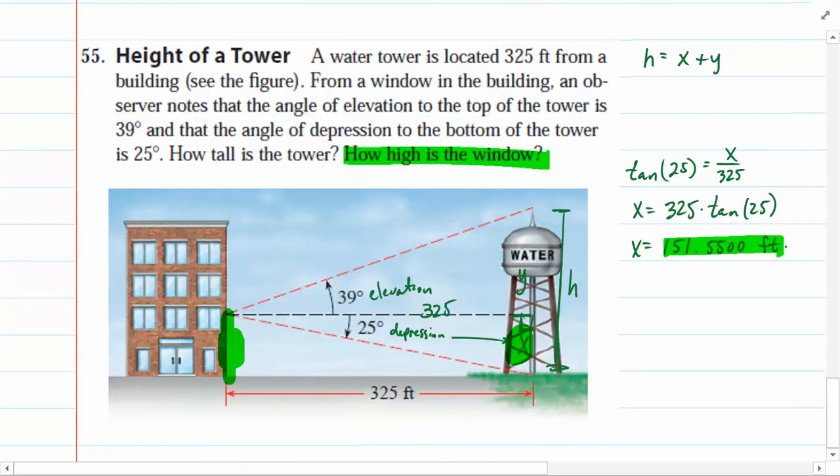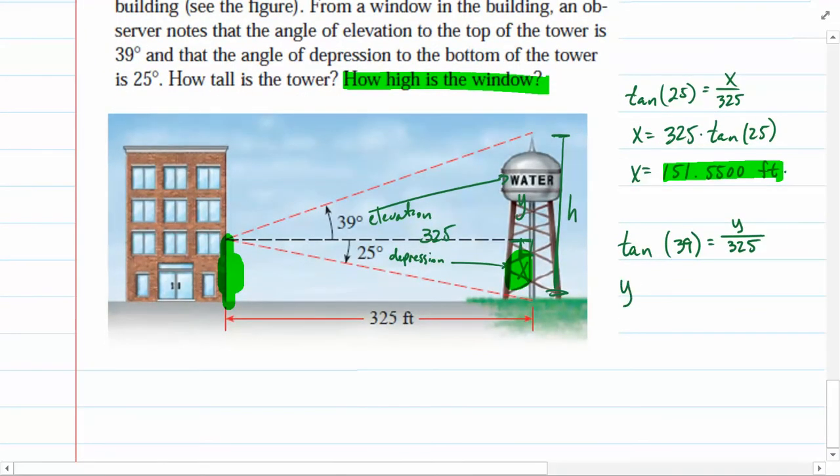Let's go ahead and keep moving forward and find y this time. The opposite side length here is y, and we have an adjacent side length, 325, given to us, so we can use tangent again in this case. However, we're using tangent of 39 degrees, which is equal to our opposite side length, y, divided by our adjacent side length, 325. So y must be equal to 325 times tangent of 39.